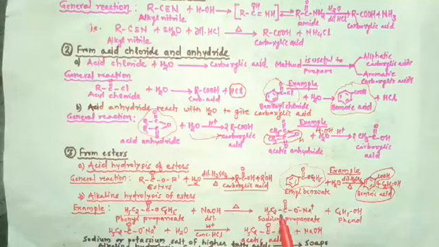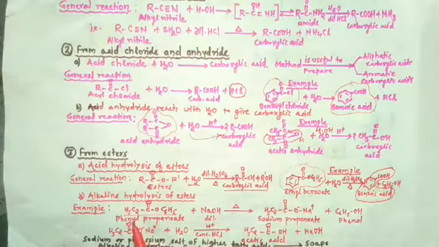So in the first step, ester on heating with dilute alkali like NaOH or KOH produces the water soluble sodium or potassium salt of the acid. This water soluble sodium or potassium salt of the acid, on acidification with concentrated HCl, undergoes hydrolysis and produces acetic acid or carboxylic acid.